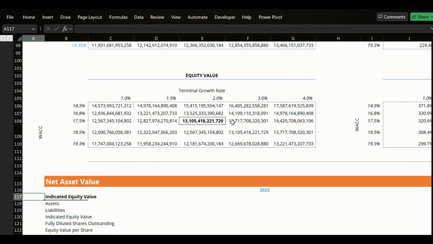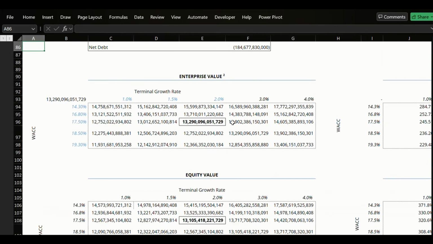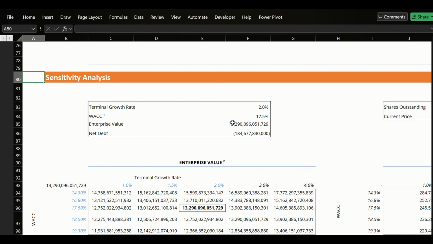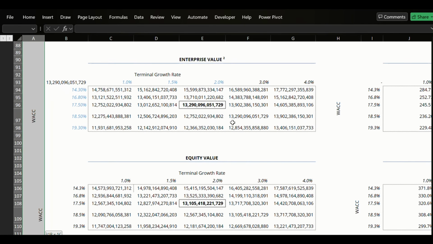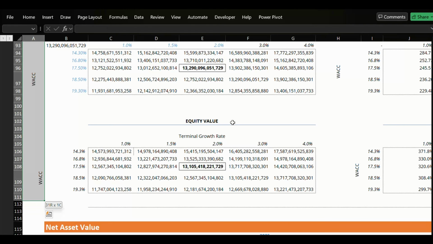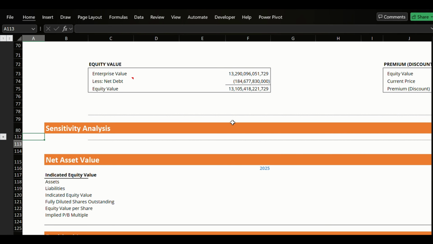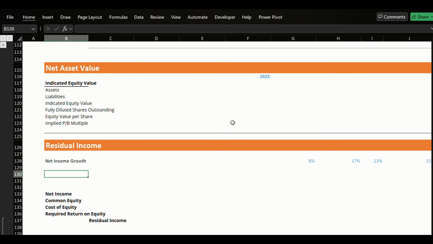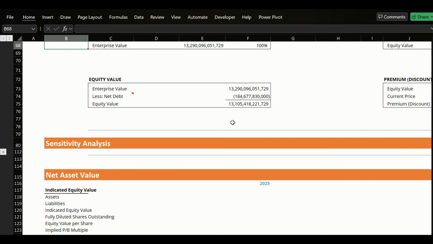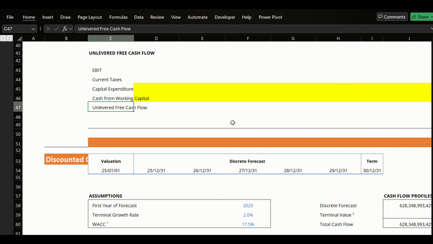But since this is a bank, let me close this moment. Since this is a bank, and excuse me here, we need, like you can see, the return. I didn't put it in.